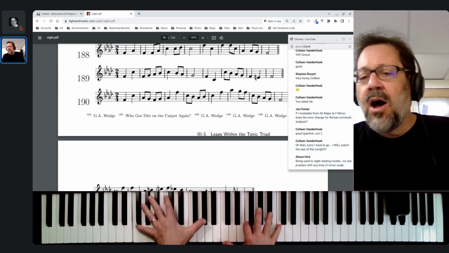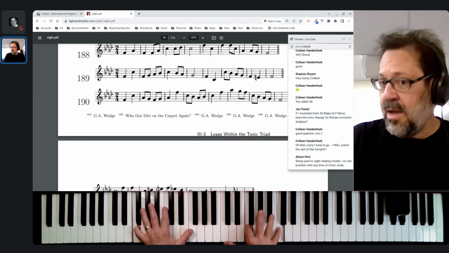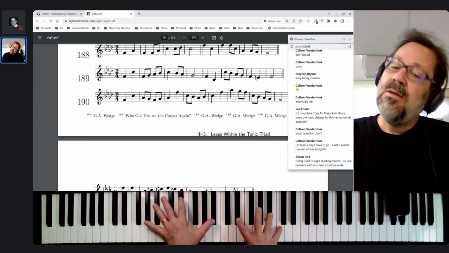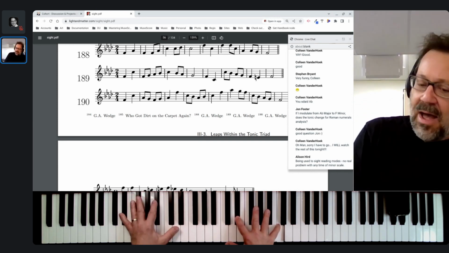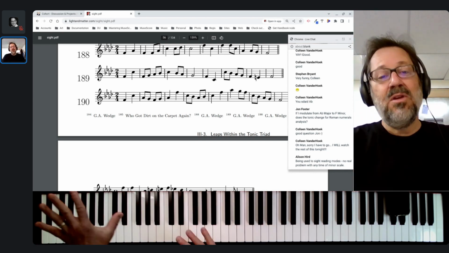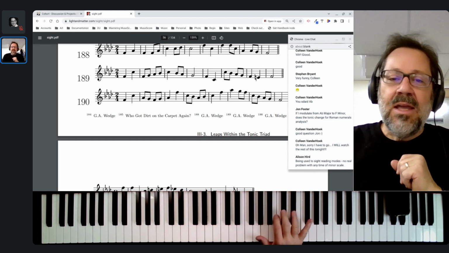So it starts off in F minor, right? 1-5-1 in F minor. Then it's 1-5-1 in E flat. So in that piece, it's kind of balanced pretty well between a 1-5-1 in F minor and then a 1-5-1 in A flat.